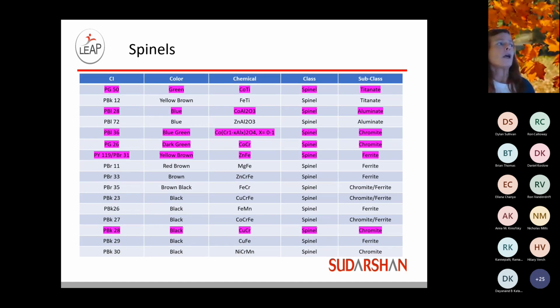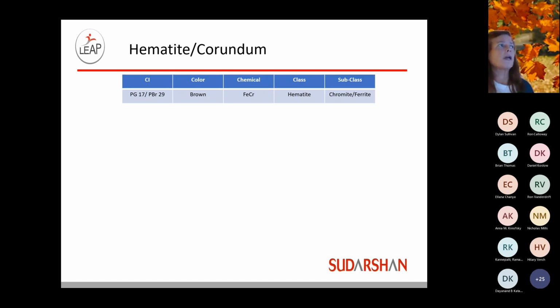In today's webinar, we'll take a look at pigment green 50, pigment blue 28, pigment blue 36, pigment green 26, pigment yellow 119, which is also under the category of pigment brown 31, and lastly, pigment black 28. And the third category, the hematite, is the pigment green 17, which is also known as pigment brown 29.